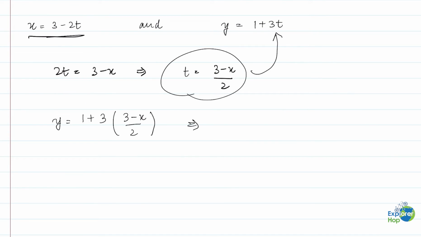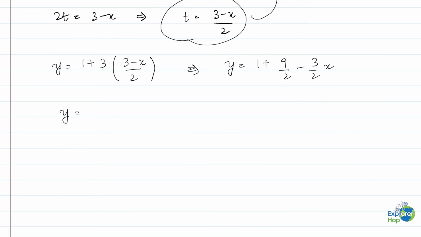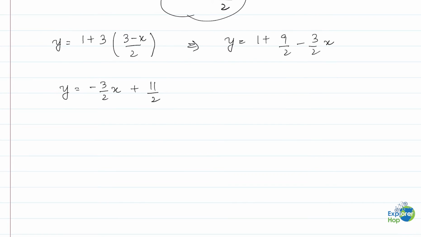And expanding it, we would get y is equal to 1 plus 9 by 2 minus 3 by 2x. And rearranging it and simplifying it, we will write it as minus 3 by 2x plus 11 by 2. And this is basically the equation in the Cartesian form.